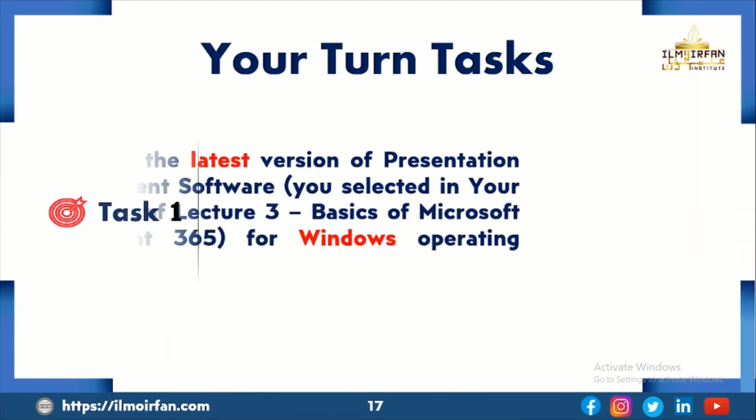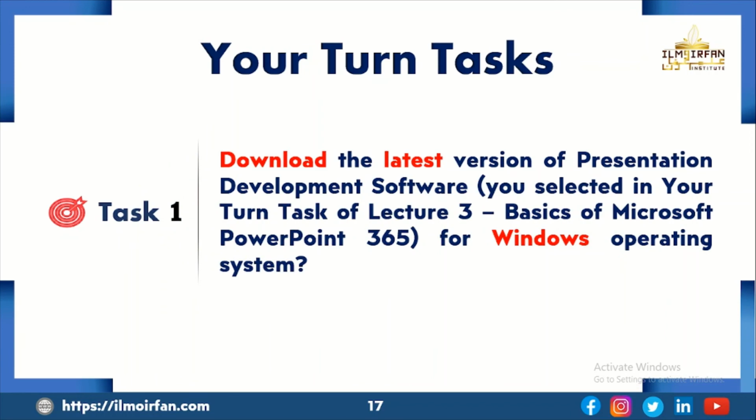The first your turn task is to download the latest version of the presentation development software you selected in your turn task of lecture 3, Basics of Microsoft PowerPoint 365, for the Windows operating system.